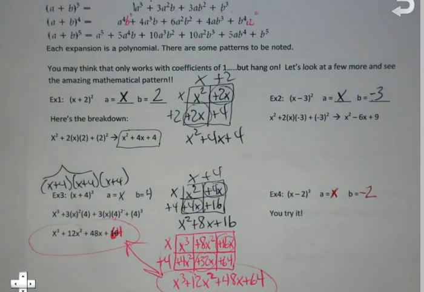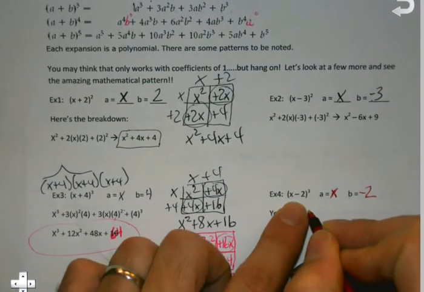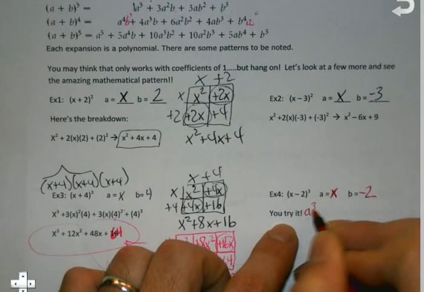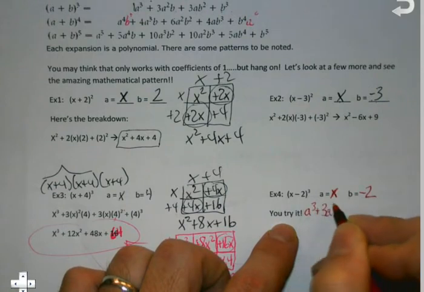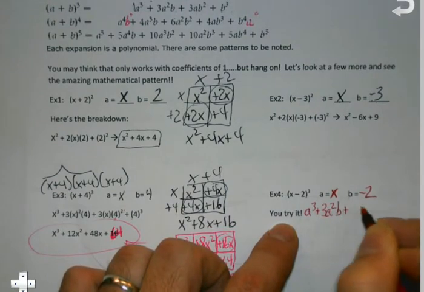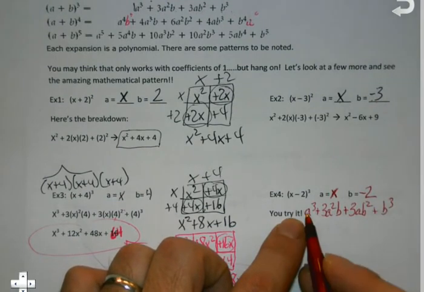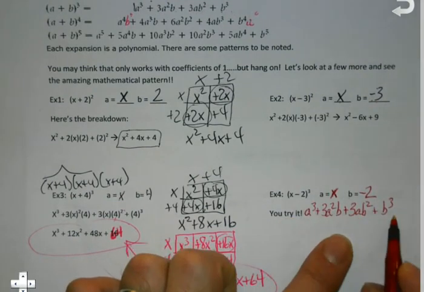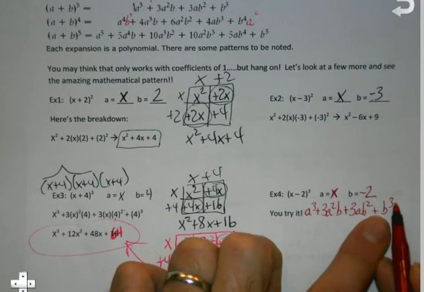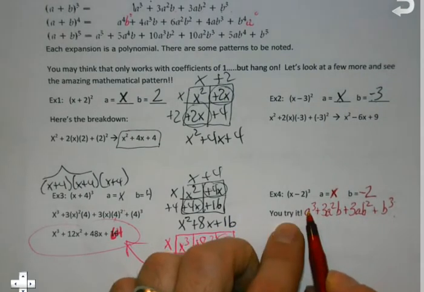So look at your triangle and think, since I'm doing a cube, it's a to the 3rd plus 3a squared b plus 3a b squared plus b cubed. So again, the a's count down as I go to the right. My b's count down as I go back to the left.